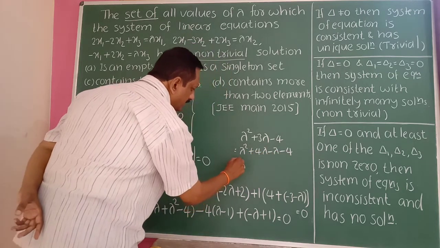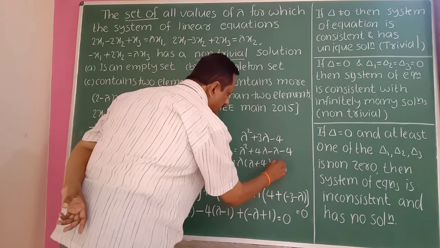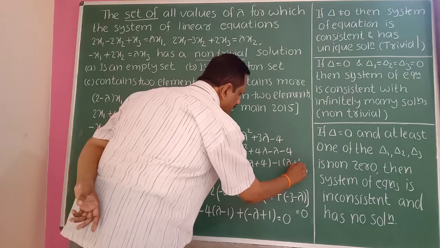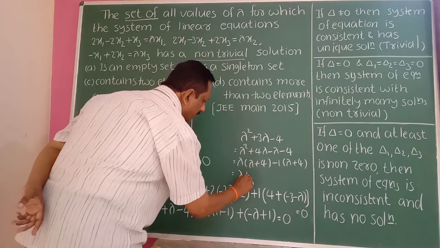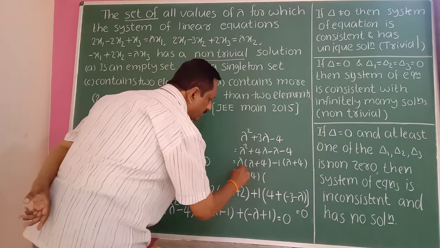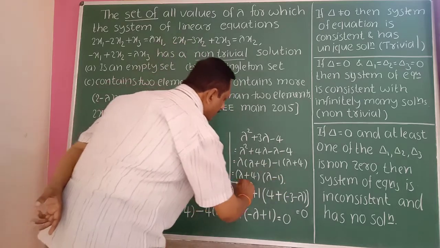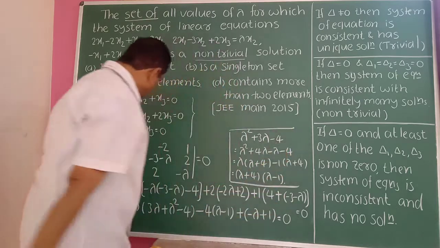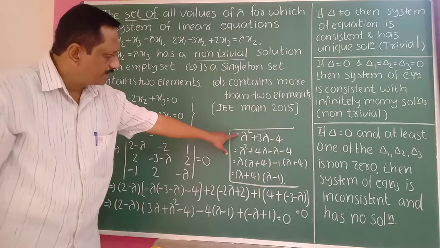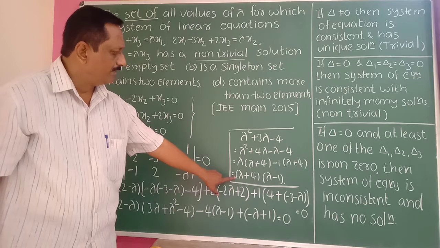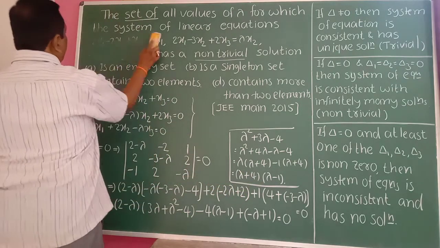Lambda is the common factor, lambda plus 4, minus 1 is the common, lambda plus 4, into lambda minus 1. So this quadratic equation lambda square plus 3 lambda minus 4 after simplification we get lambda plus 4 into lambda minus 1.